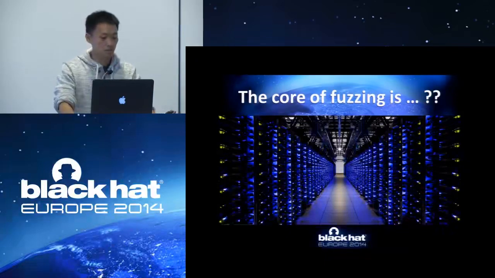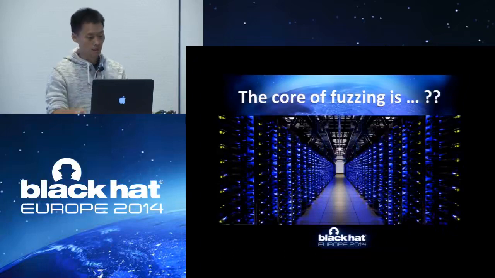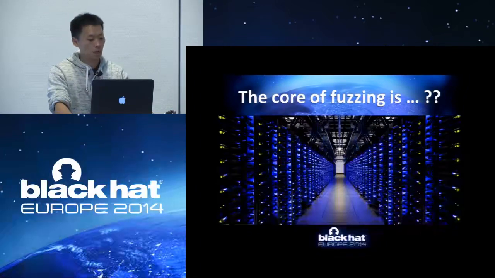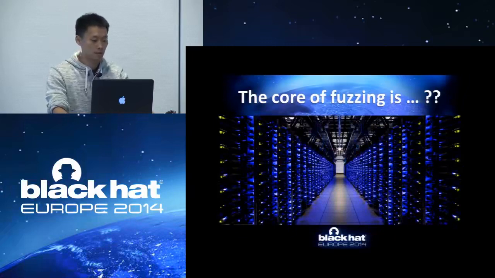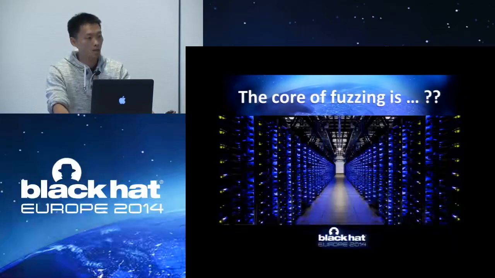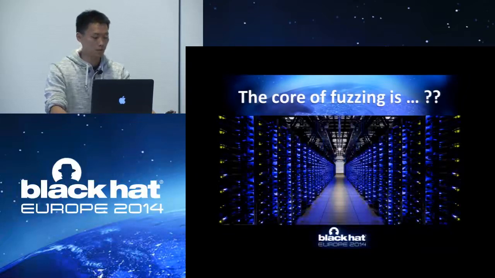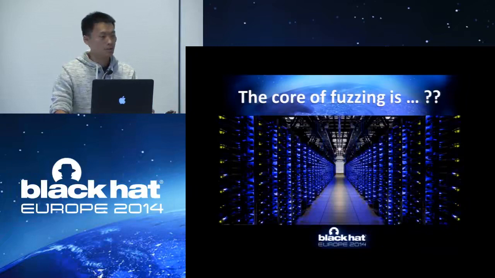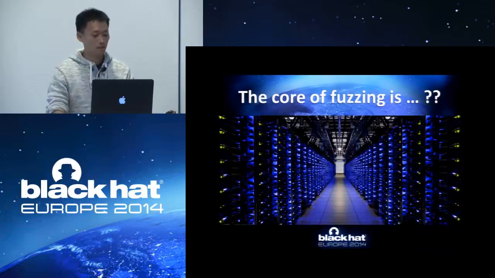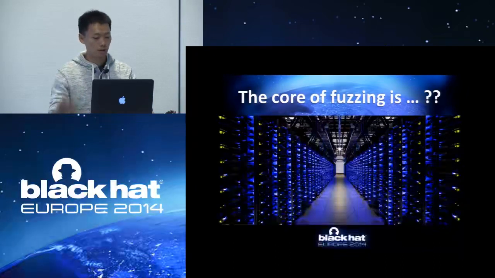What is the most important factor of fuzzing? We think it is not machines. We think it is not how long we spend on fuzzing, because we don't have 200 or 300 machines. We don't have 5 years or 10 years to do fuzzing. So we think the core problem of fuzzing is how to generate high-quality test cases effectively. High-quality test cases mean less garbage and more useful crashes, more vulnerabilities.